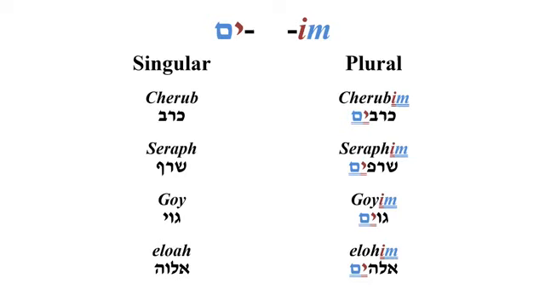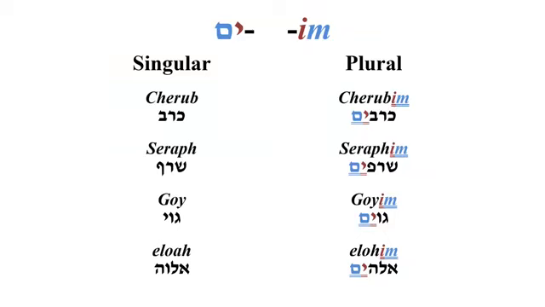A cherub is an angel, right? Whenever God kicked Adam and Eve out of the garden, he posted cherubim with flaming swords to guard the way to the tree of life. So cherubim ends in Im. It's a masculine plural.